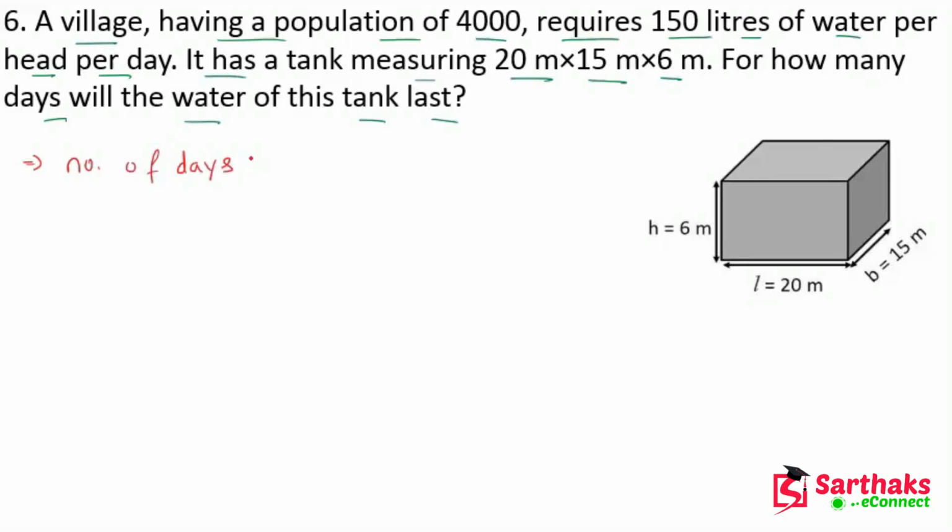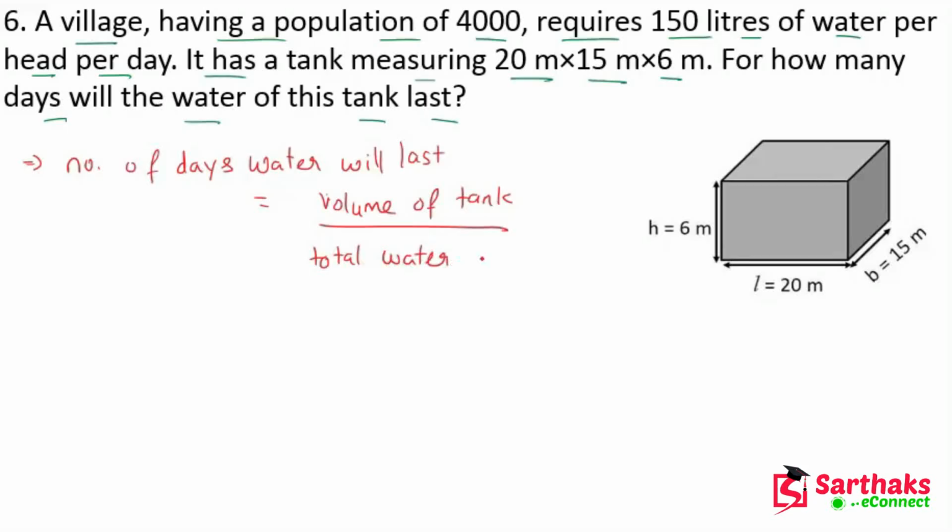Number of days water will last is equal to volume of tank divided by total water required per day.